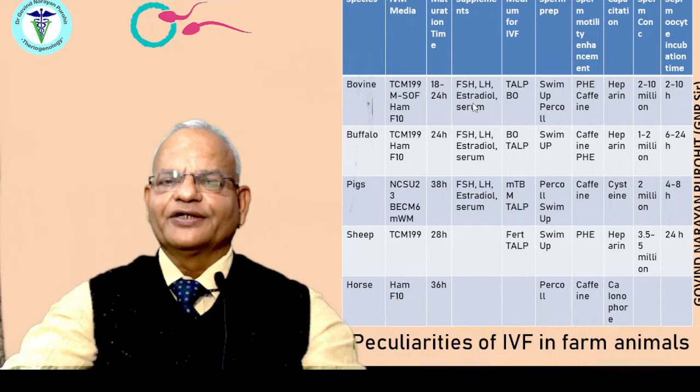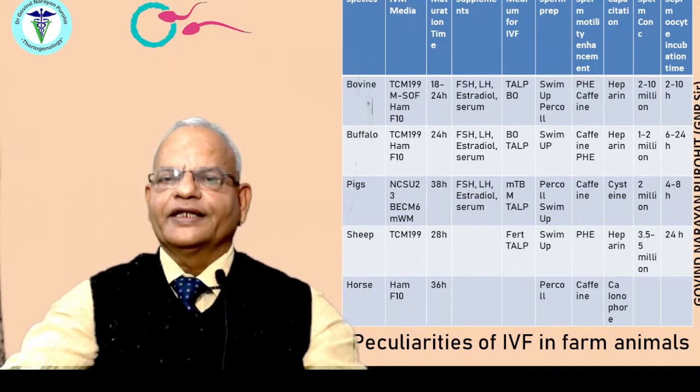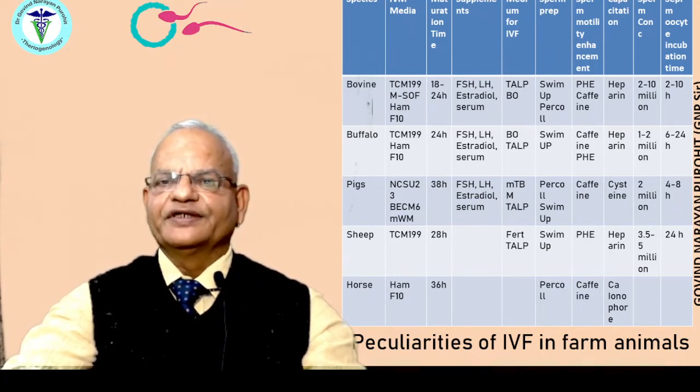The supplements are usually FSH, LH, estradiol, and bovine serum albumin, or maybe estrus cow serum. The medium for IVF is either TALP or BO medium, and sperm preparation is by swim up or Percoll. Sperm motility enhancement is by PHE or caffeine, and capacitation is by using heparin. We require 2 to 10 million sperm for insemination, and sperm oocyte co-incubation time varies from 2 to 10 hours.